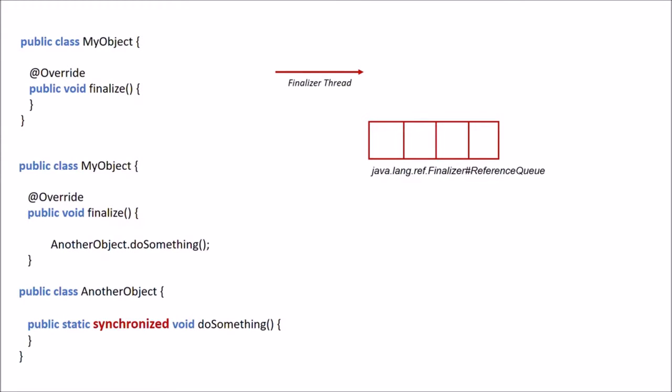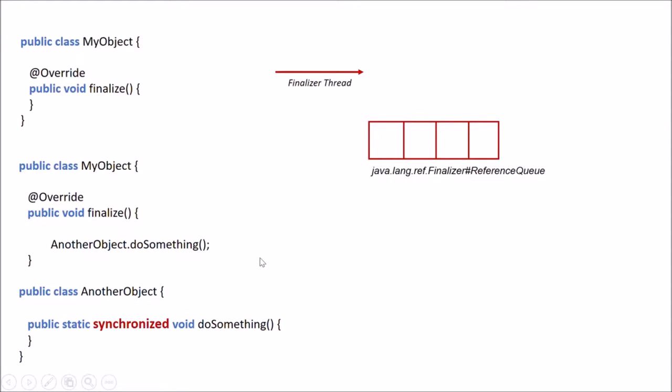Okay, now let's study this interesting scenario. Now in this myObject finalize method, you write some code. You say another object and do something. Apparently do something is a synchronized method. What happens in a synchronized method? Only one thread can execute this method at any given point in time.